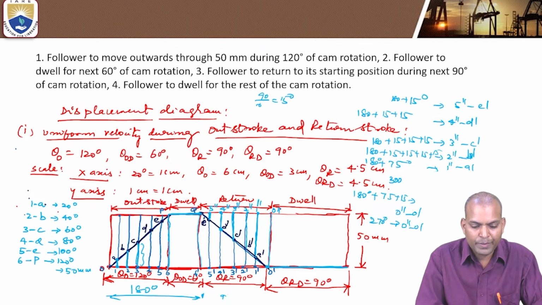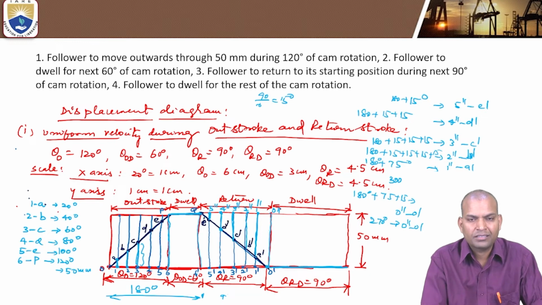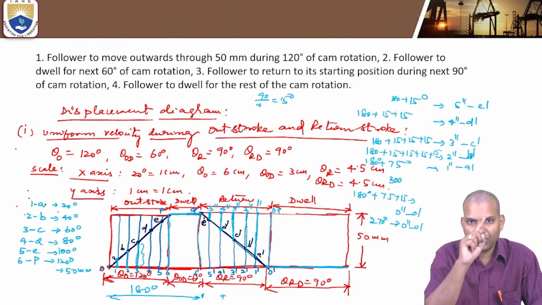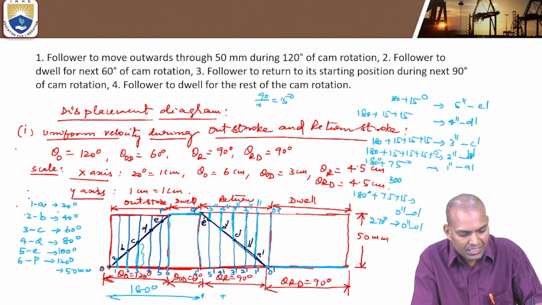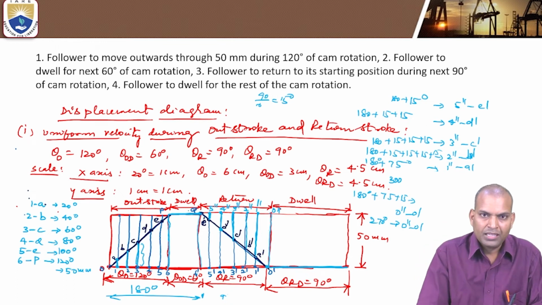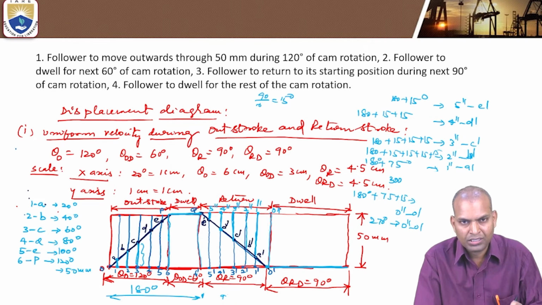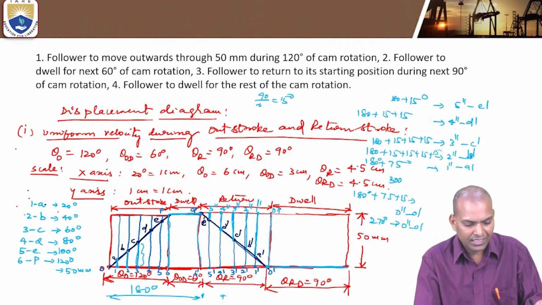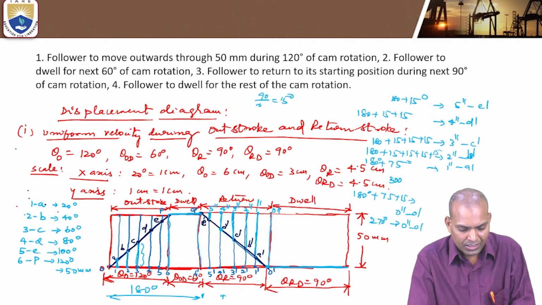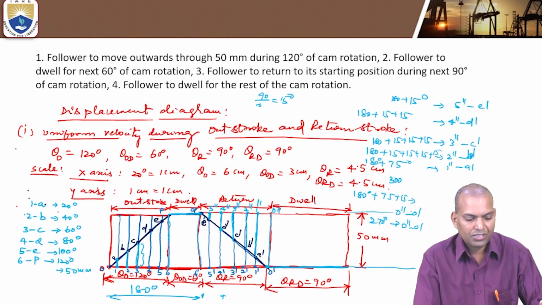This is the displacement diagram for one cycle of the cam rotation, for one rotation of the cam. Then what happens for the next revolution? The next revolution comes again, it will be continued.